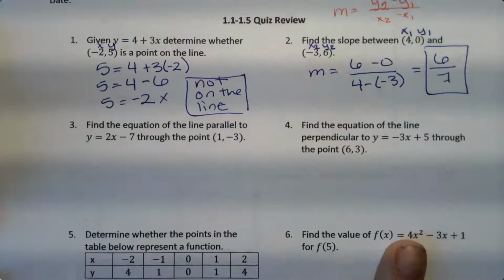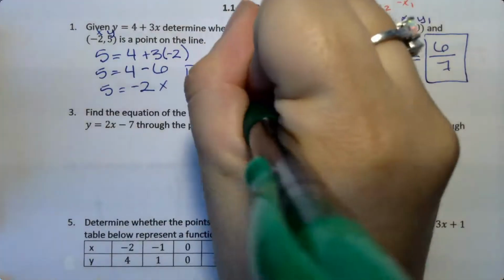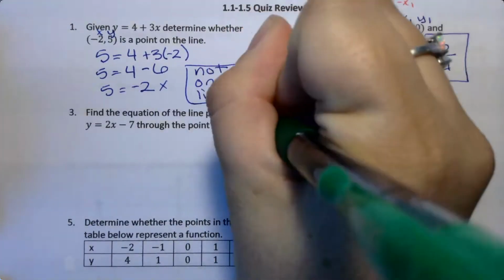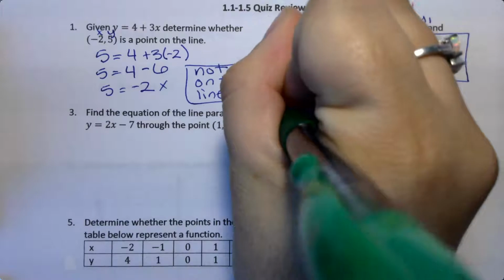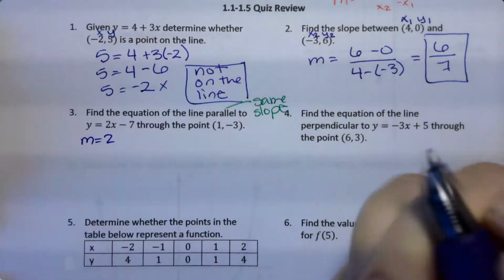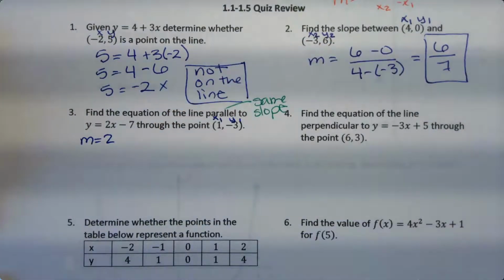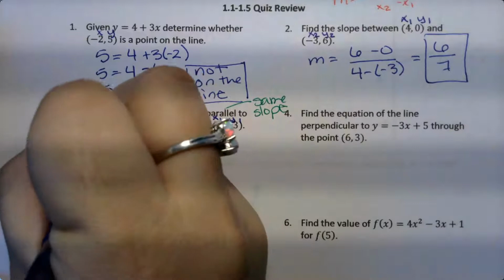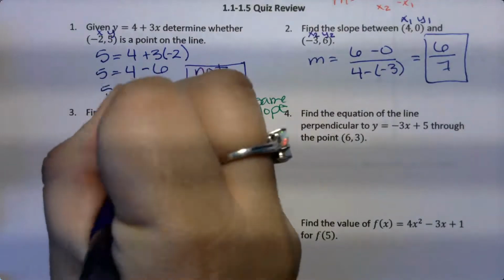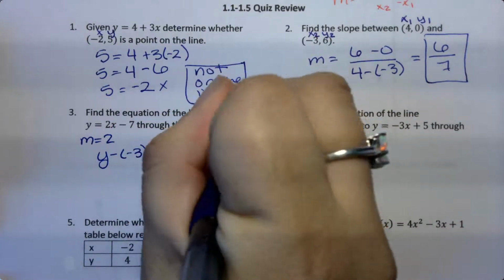Then number 3 wants me to find the equation of the line parallel to this line. Remember, the word parallel means same slope. So when I go ahead and use this, my slope is 2. And then I'm going to use this as my x1, y1 to plug in for my equation of the line. So I'm going to have y minus negative 3 equals 2 times x minus 1.